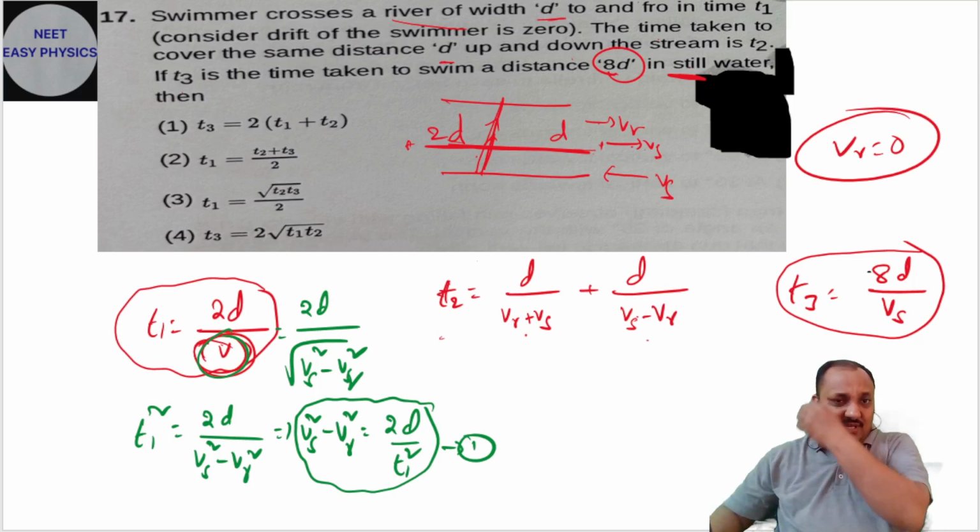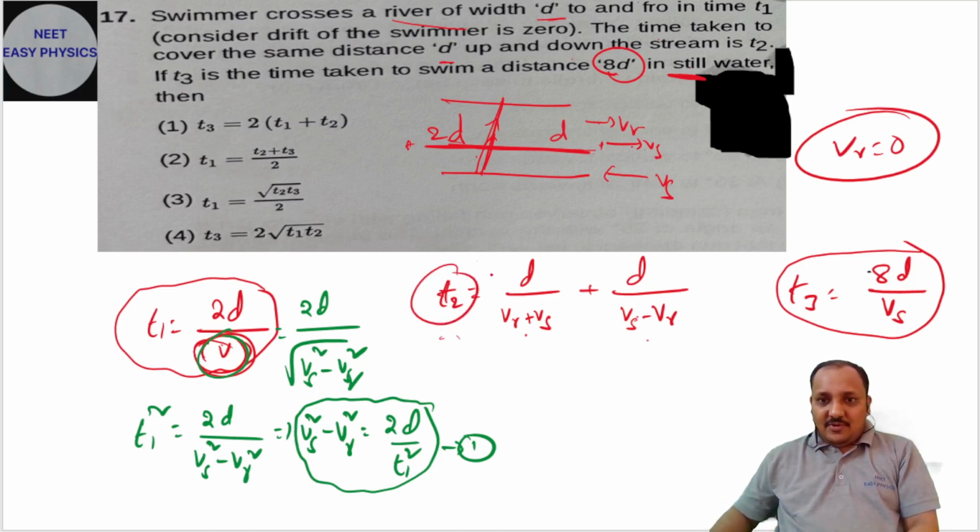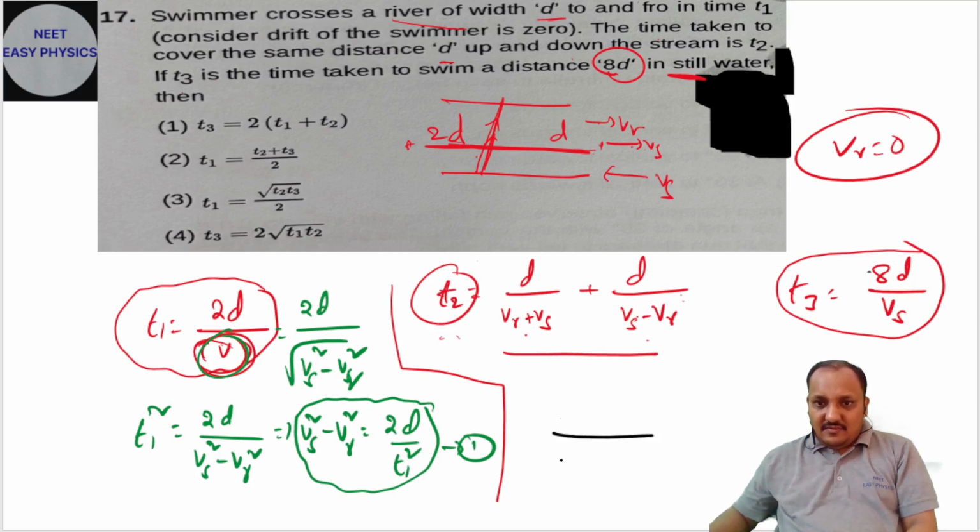Now coming to the t2 part. So what is the LCM here? If you are taking this equation, the LCM is Vs square minus Vr square, that is, Vs minus Vr into Vs plus Vr.